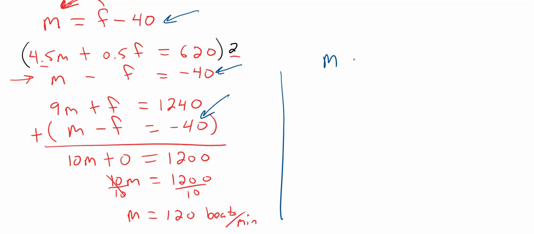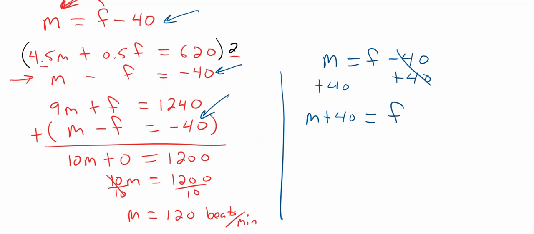It wouldn't have mattered, you could have done it the other way too. Now I'll just add 40 to both sides, so M plus 40 is equal to F. Then M is 120, so 120 plus 40 is equal to F. So 160 beats per minute is equal to F.